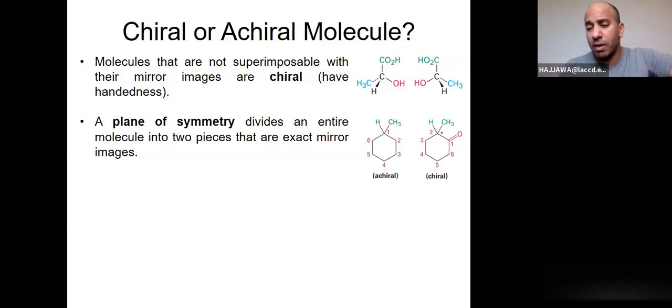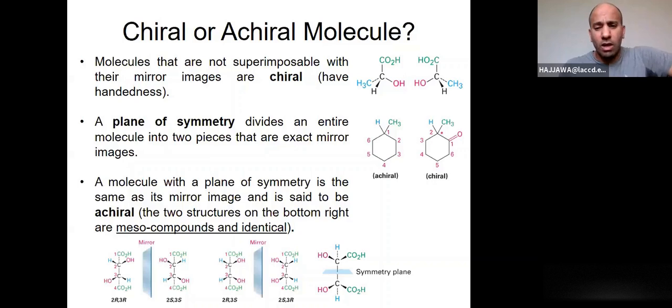So it's important to keep in mind that every single time you see a molecule that has a plane of symmetry, dividing the molecule into 2 halves that are exactly the same, right away, that will be an example of an achiral compound. Here's an interesting phenomenon, and that's the last thing we're going to talk about in this PowerPoint slide.